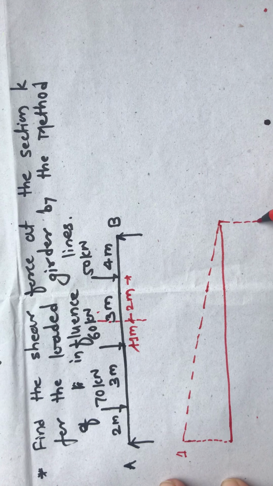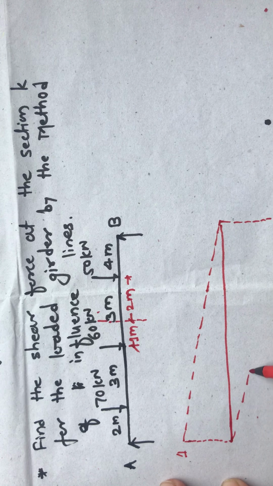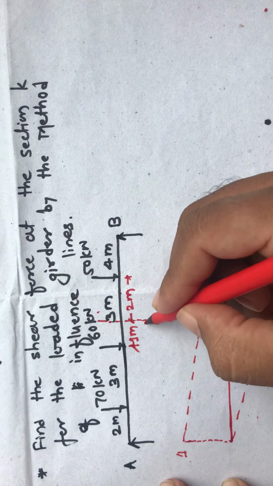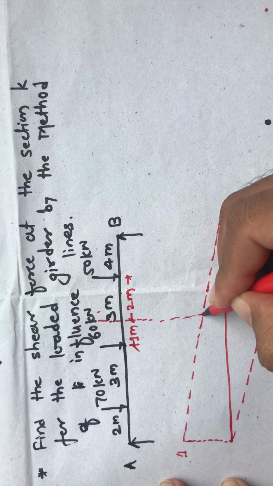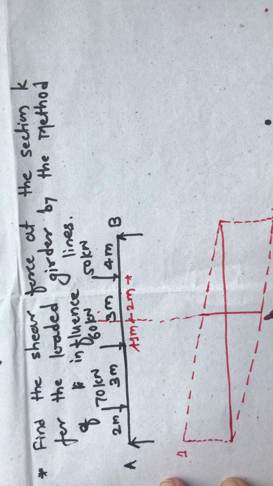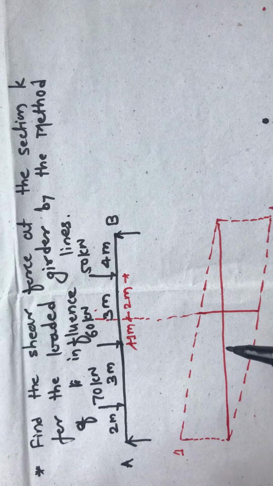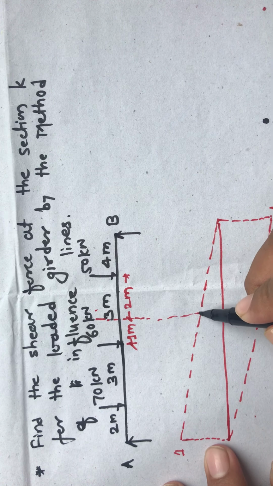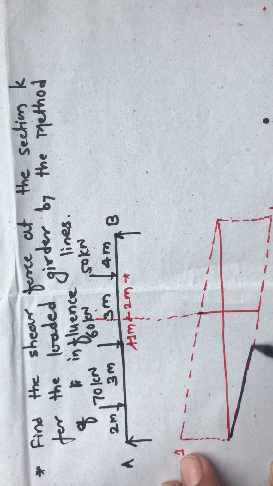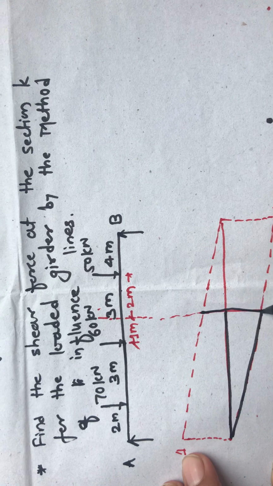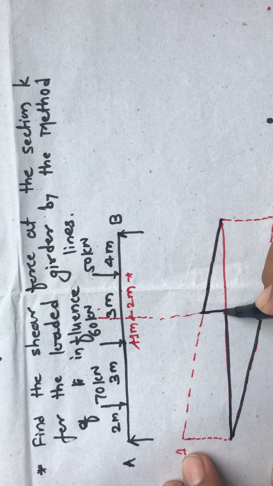Now this one is a negative diagram, that is the support reaction VB diagram. This is unity, and we have the section at this position.